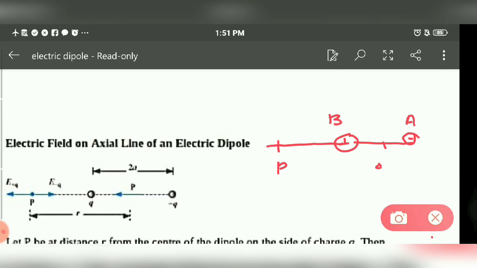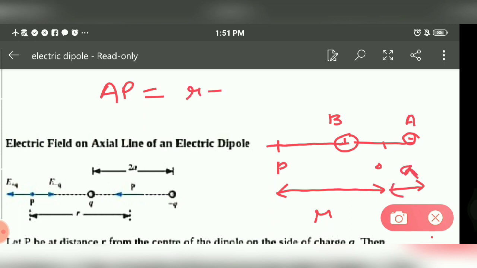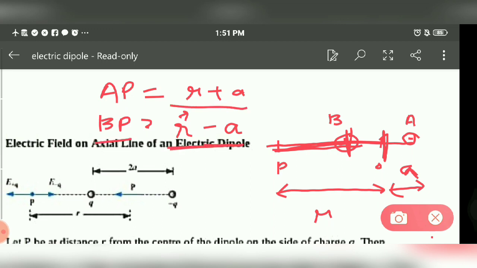So AP equals, this distance is R, this distance is A, so it's R plus A. Now if I have to find BP, this complete is R and this is A, so this is R minus A. So we can say AP is equal to R plus A and BP equals R minus A over here.